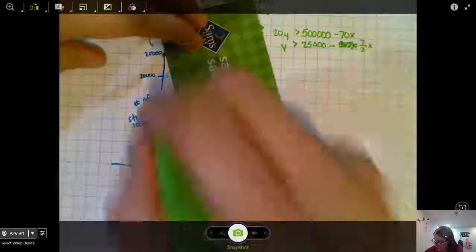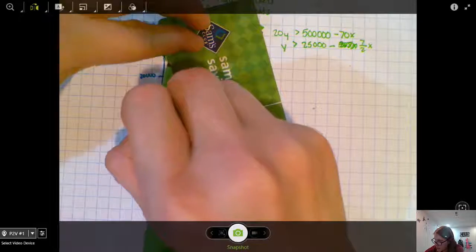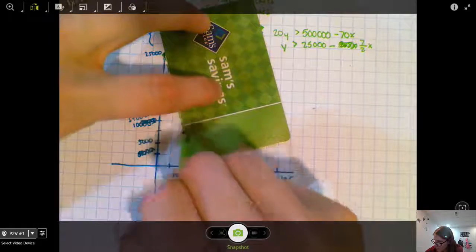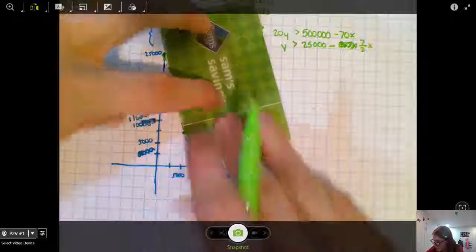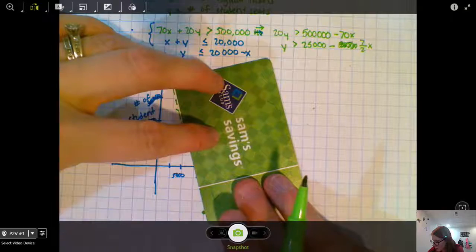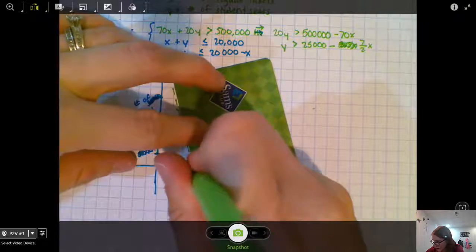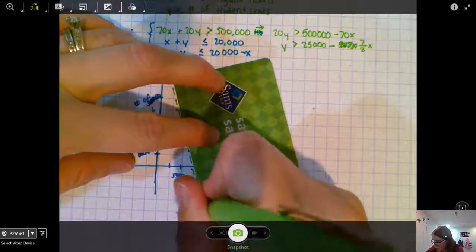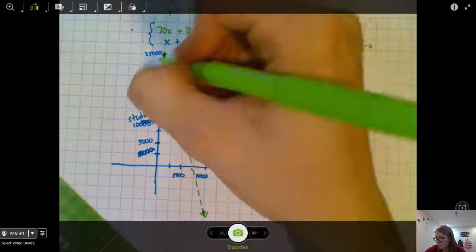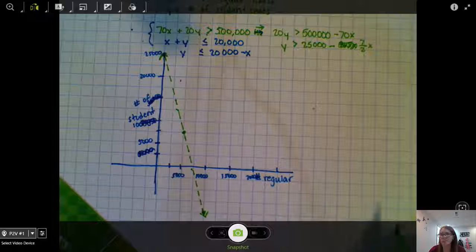Greater than means I'm going to use a dotted line here, because it can't equal, even though, like I said, if you had put that equal to option, I wouldn't really argue with you in this problem.